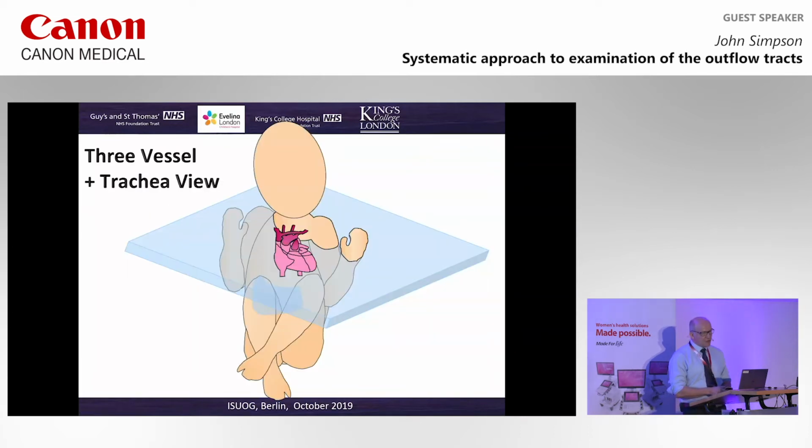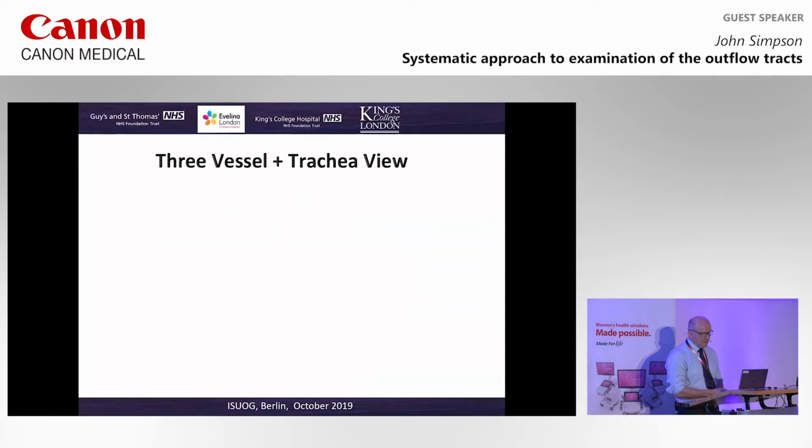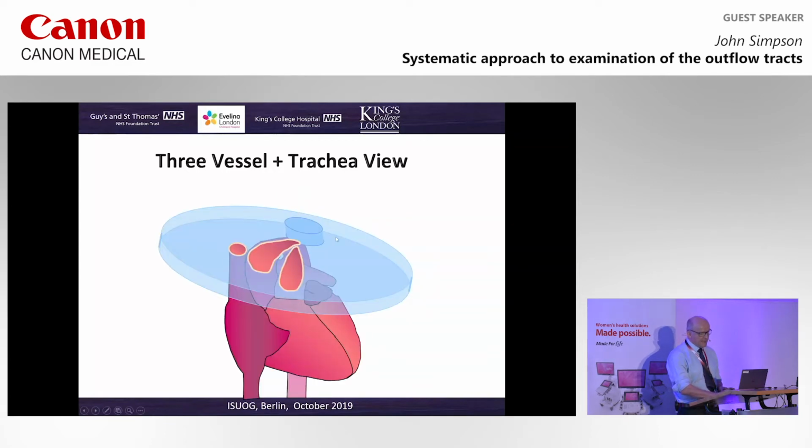So the three-vessel trachea view is moving slightly higher, and what you're cutting, essentially, are the views across these three vessels at a higher level with the transverse aortic arch, pulmonary artery leading into the duct. Usually you are cutting slightly above the level of the PA branching.